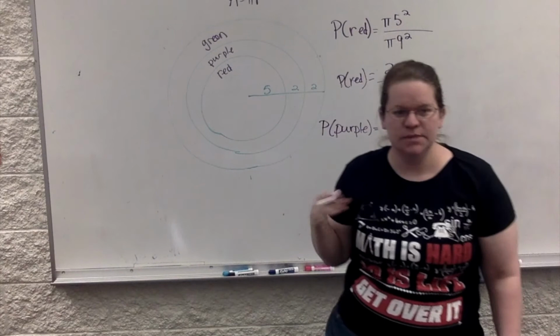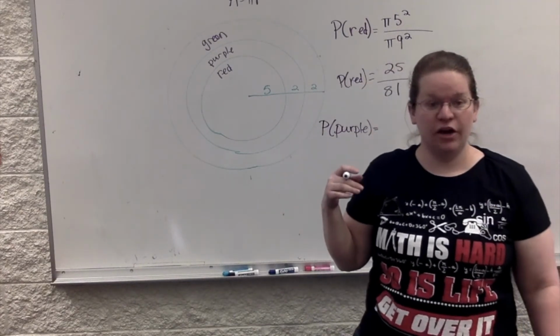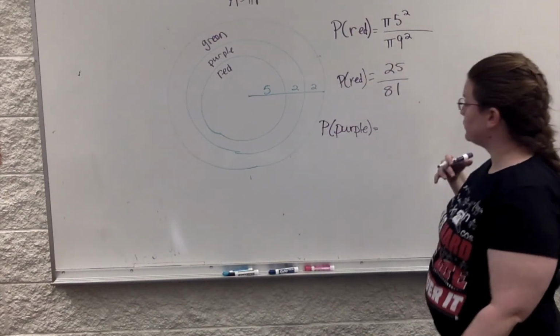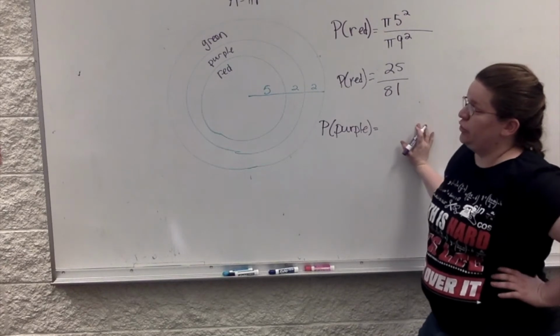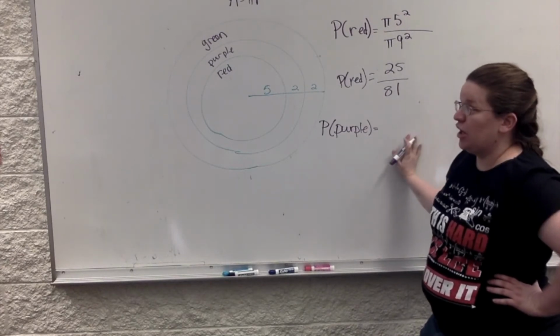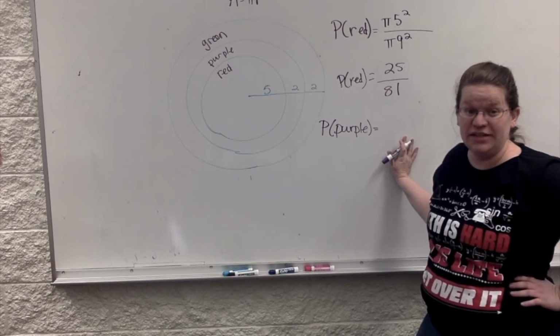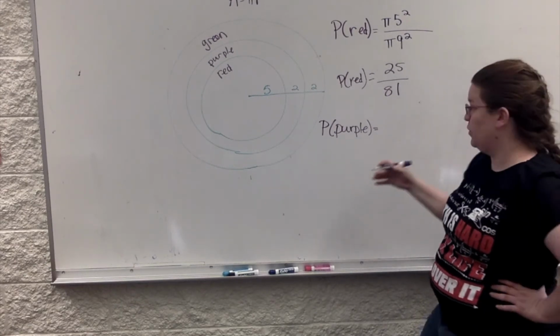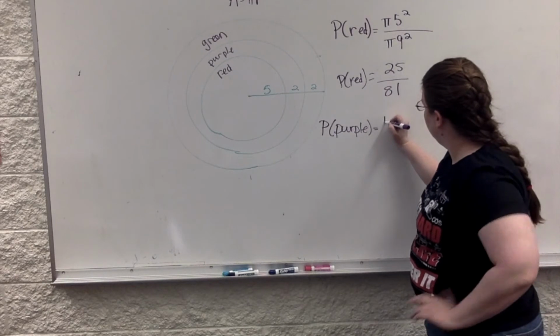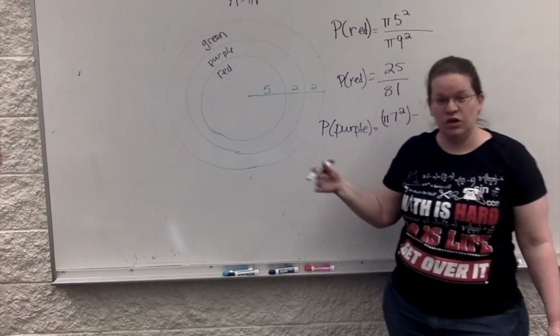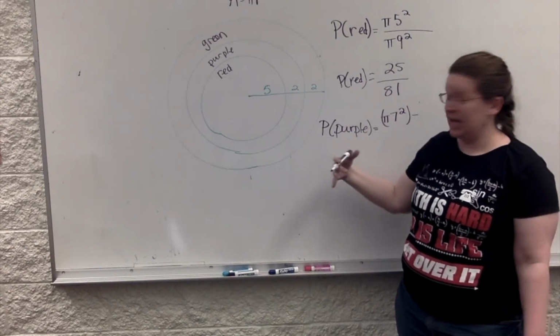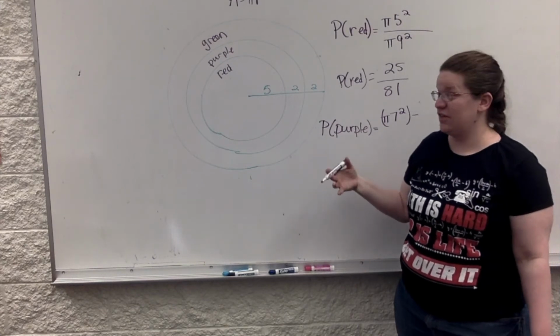When we find anything else besides the inside one, you have to be careful because we're going to do the area of the purple. That circle has a radius of 7, but not all of that is purple. So we're going to subtract the inside, the red circle, and it has a radius of 5.